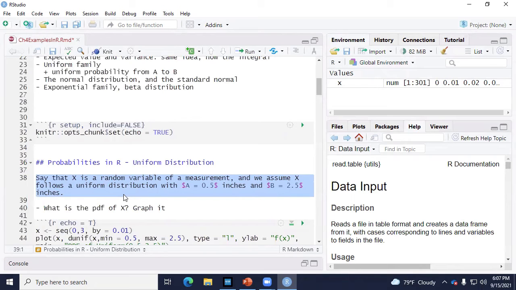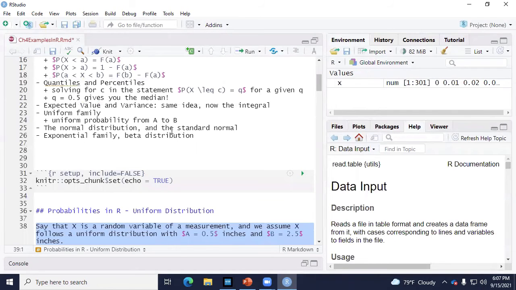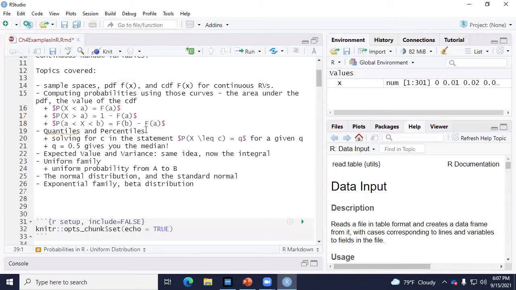It's better to make it neat and present your code, the results, and the plots for either your coworker or your manager. So this is a great tool. I'm also using this to show you some of the concepts in your lecture. This is a list of the topics we are going to talk about, like PDF and CDF for continuous random variables, and how we compute the probabilities.